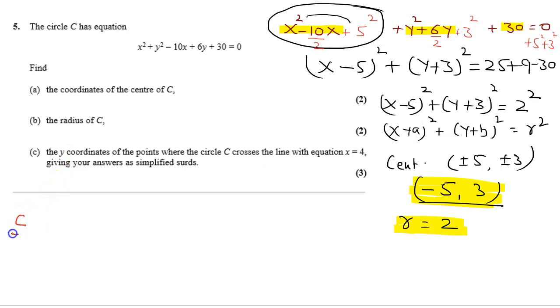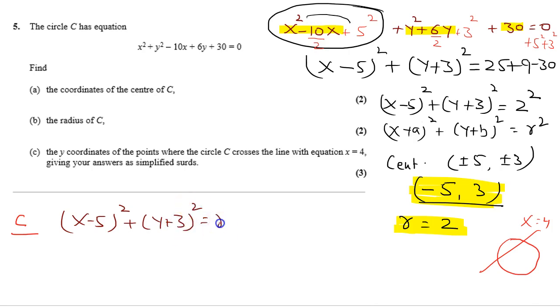Now part C is the y coordinate of the point where the circle crosses the line with equation x is equal to 4. This is a circle and this is a line, x is equal to 4. Find the y coordinate. So it means in this equation put x is equal to 4. It's simple. So our equation is x minus 5 square plus y plus 3 square is equal to r square.